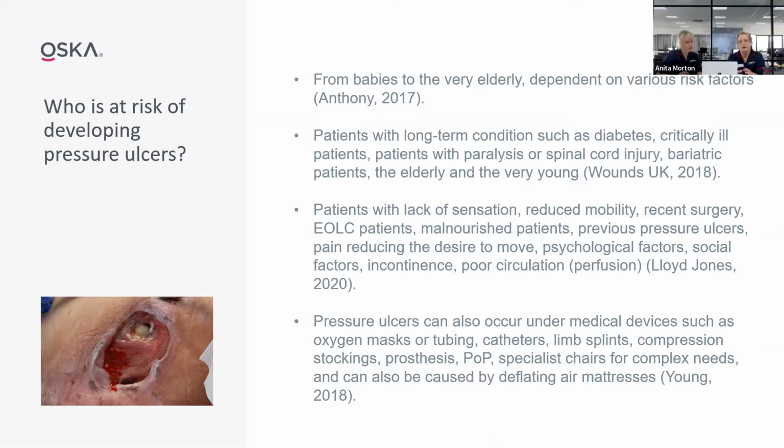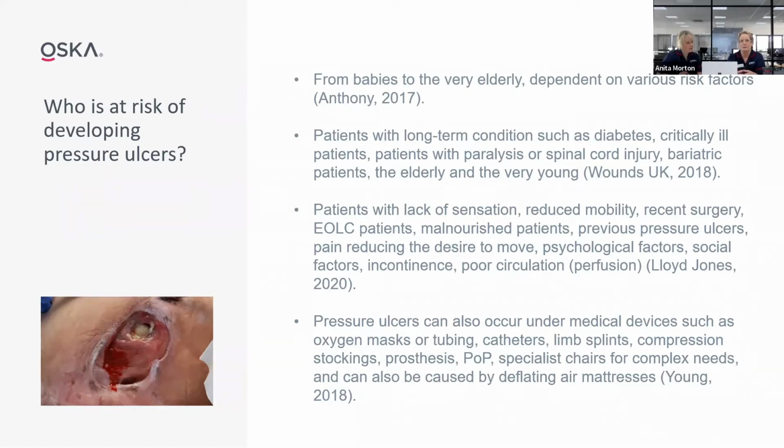So patients generally, it's around mobility in the first instance, and then we need to think about things that can add to their risk factor that might affect maybe the quality of their blood supply, or maybe their ability to feel or to understand the sensation.